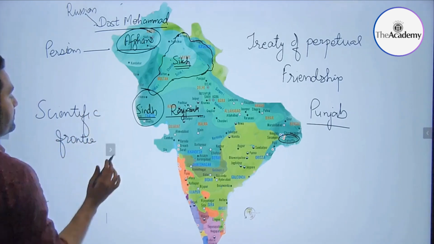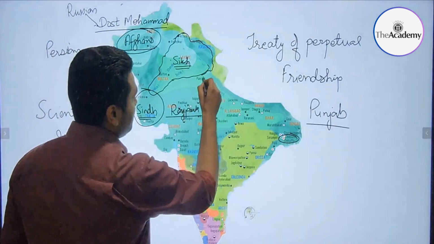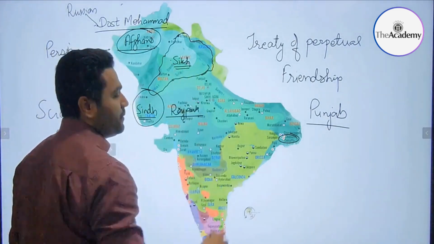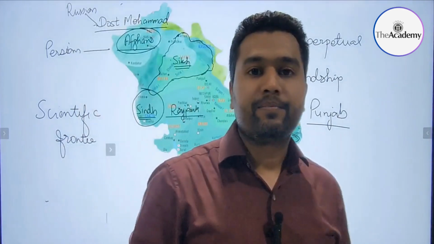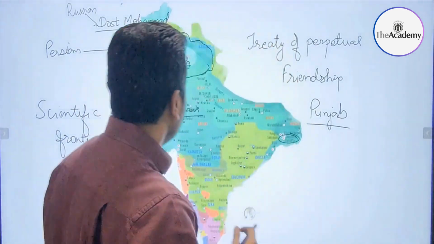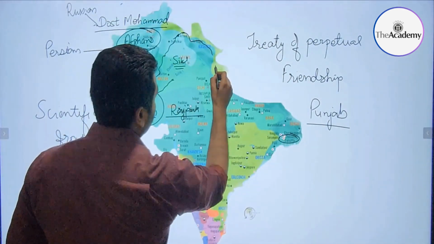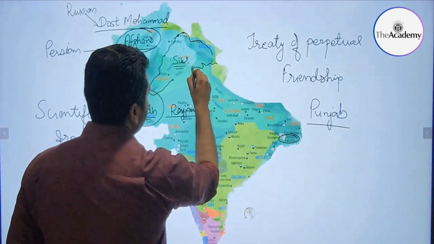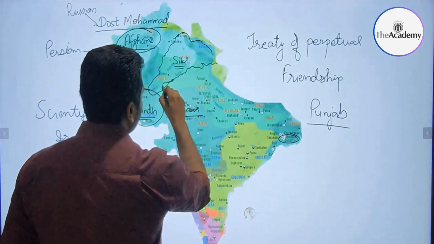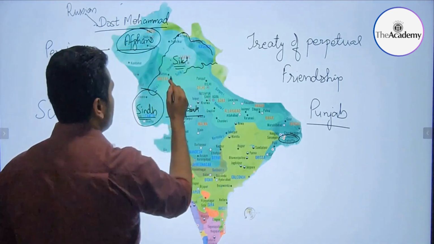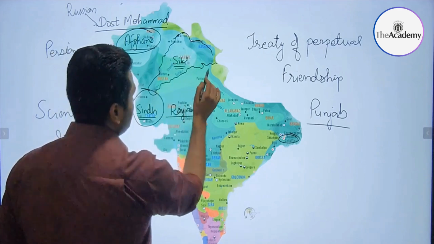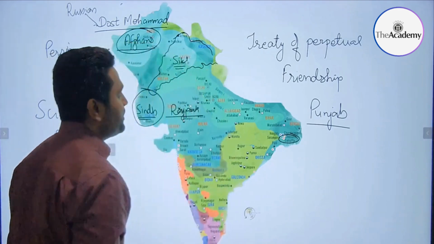We know it very well that in 1809, a Treaty of Amritsar was signed with the Sikh Maharaja Ranjit Singh. As per the Treaty of Amritsar, the Satluj became the boundary. So up till the Satluj region, the British had their own authority.